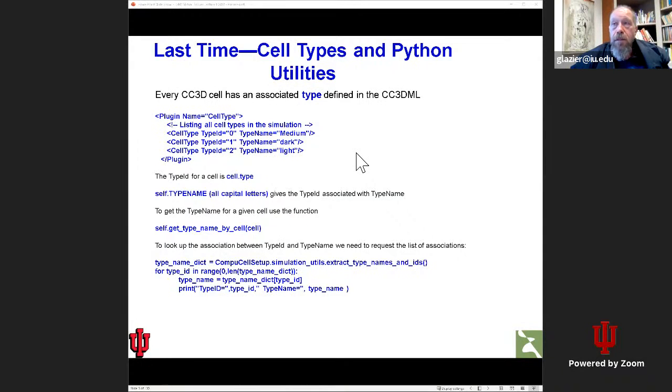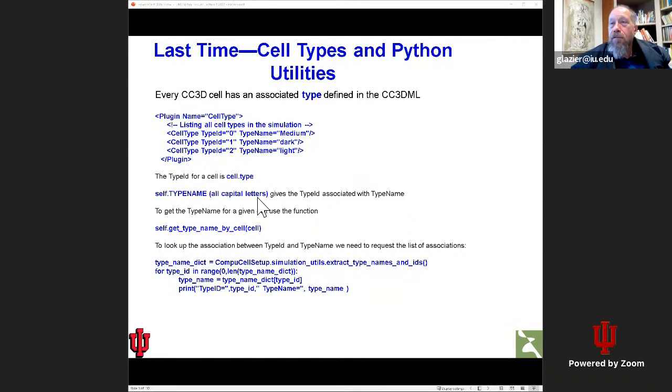The reason for that goes back to the Fortran code that I wrote in 1992. You couldn't index things by name in Fortran. You had to have an array index, and so it had to be an integer. So that's why types are integer numbers, and that's been inherited for 30 years now.